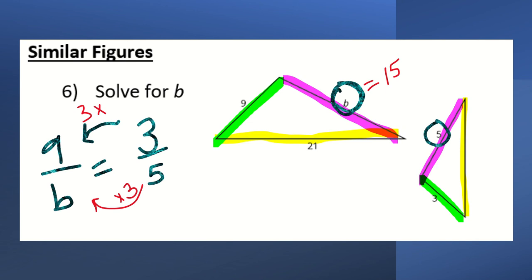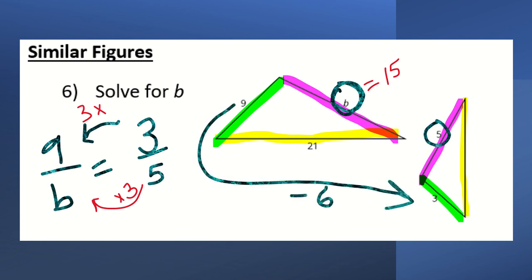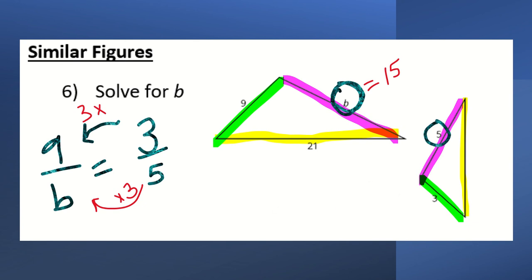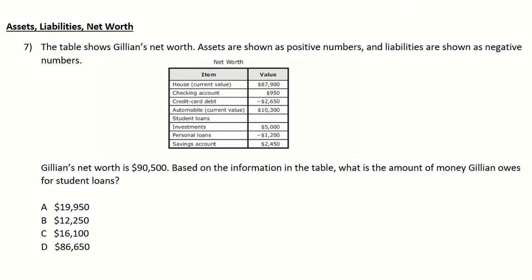Guys, on the previous test, I saw people tell me that there was a pattern of 9 minus 6 is 3. We never find a pattern or a relationship using subtraction or addition. It has to always be multiplication or division. I've said it so many times. Please correct yourself if that's where you're going wrong. It's multiplication or division and using proportions.